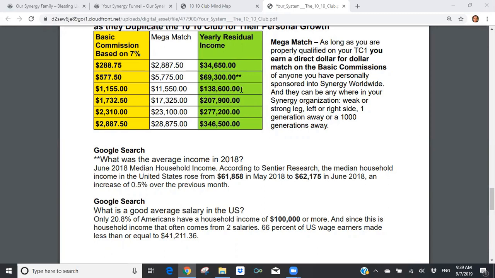The nice thing about residual income through mega matches is if you invest in the people that you bring in to Synergy Worldwide and help them apply this and help them expand, what's the incentive? The incentive is that they can help every person that they bring in to Synergy Worldwide replicate this system.